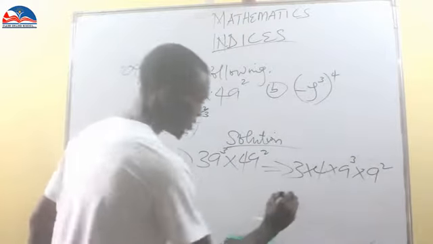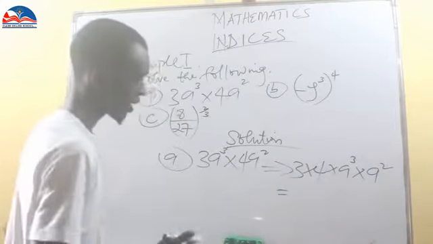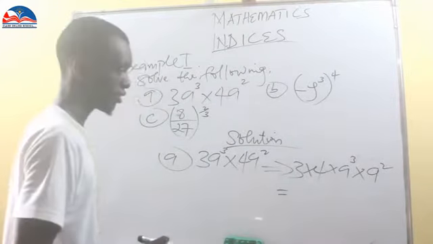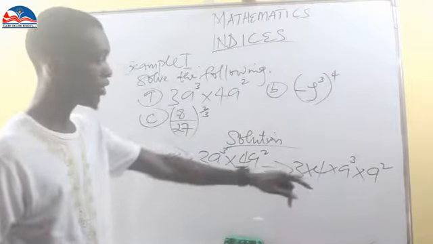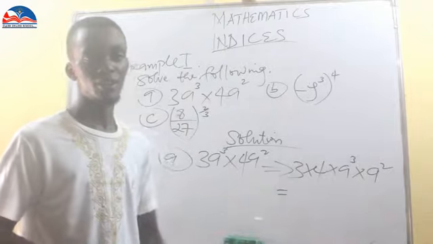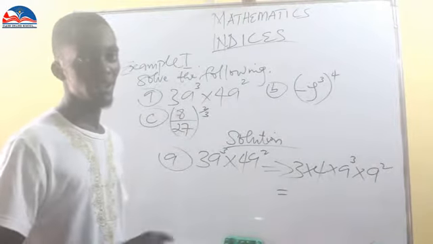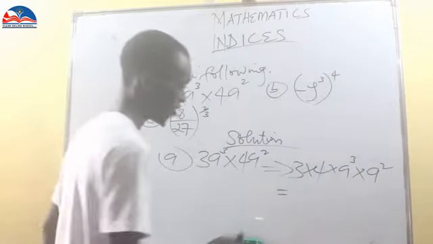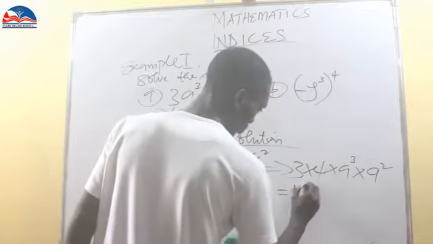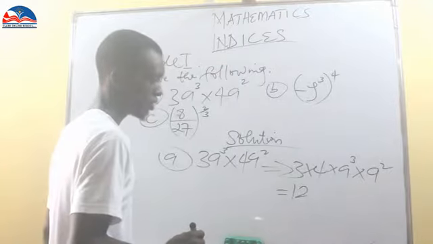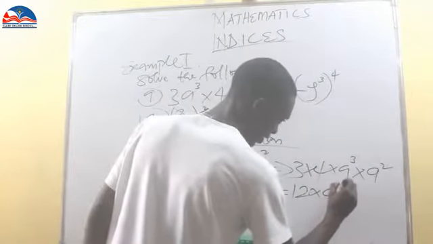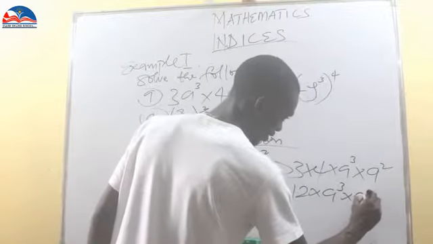You multiply the two coefficients so that the law of multiplication of indices can hold by taking a base and adding the indices. 3 times 4 gives us 12, then 12 times a index 3 times a index 2.